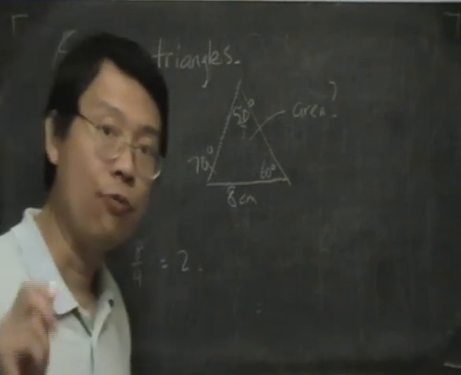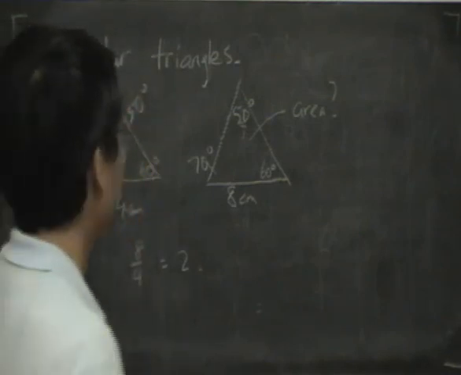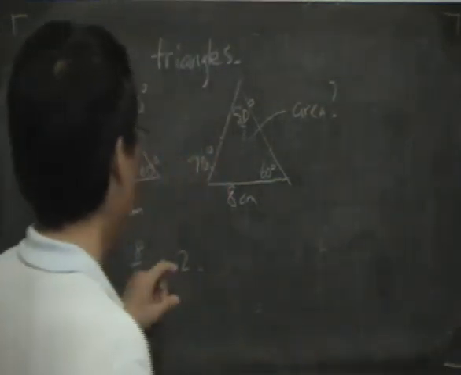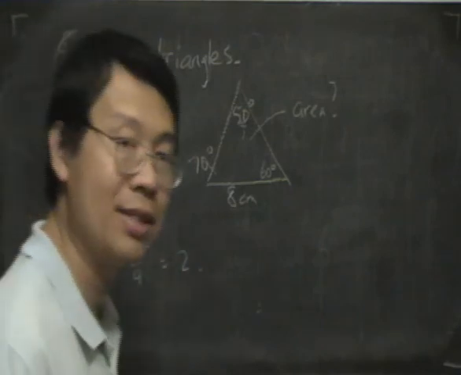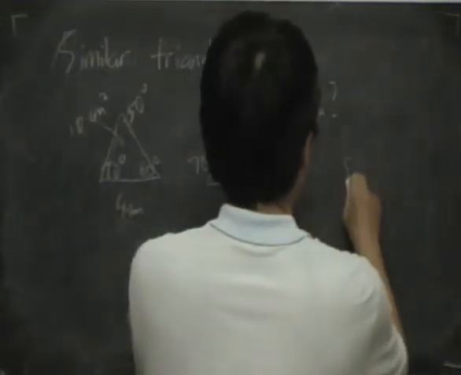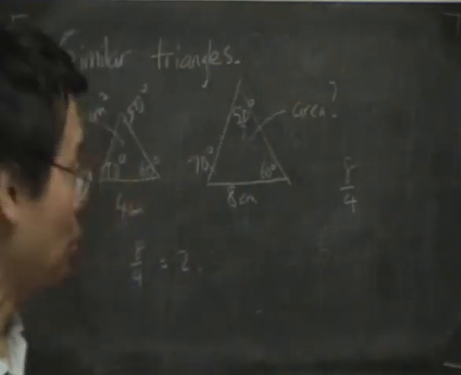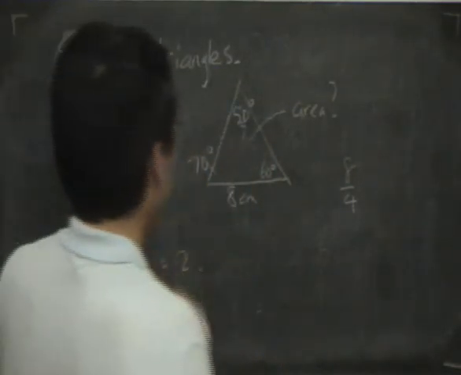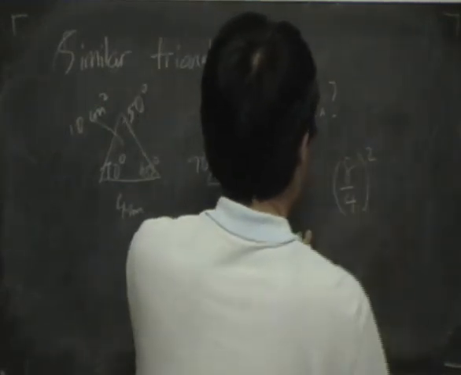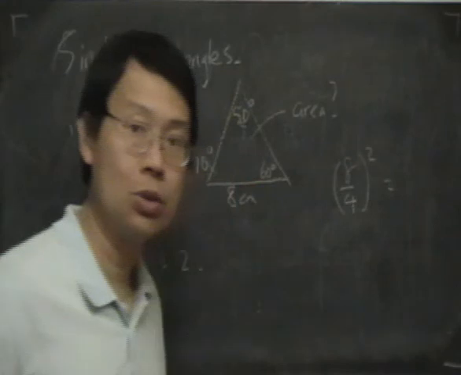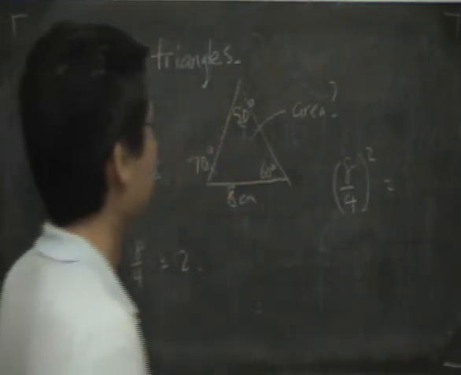The formula that I wrote down just now says that if I take the ratio of the corresponding sides, meaning 8/4, and I square it, it must be equal to the ratio of the areas.